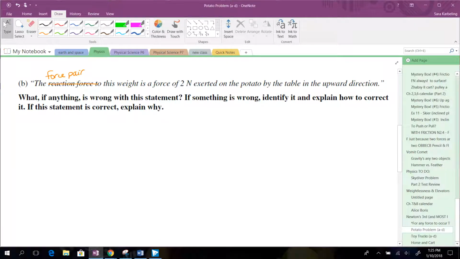Okay, so I think false because, so this part is. No, that's true. Talk about it. The table is on the potato and the potato moves upward. Wait, no, then wouldn't the table be more? Then the potato would be on half. The third law pair, potato on table, the weight would be. Wait, what are these statements about?